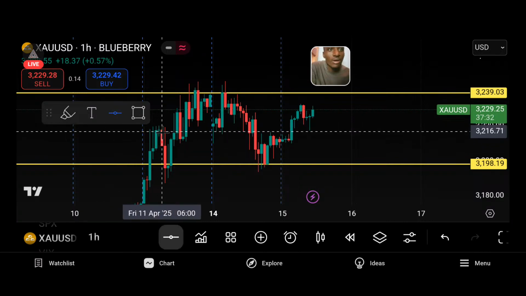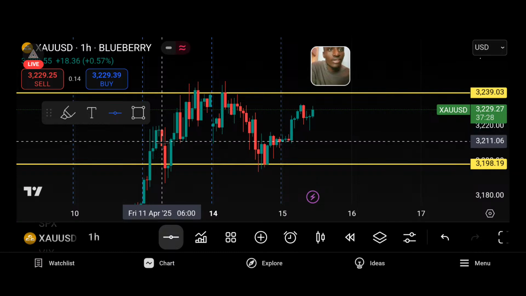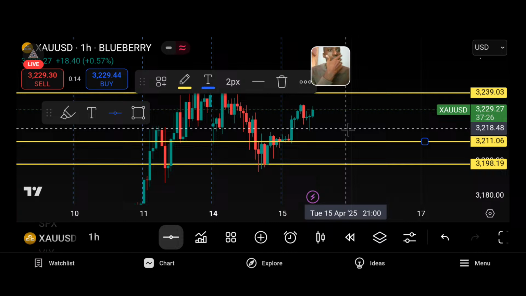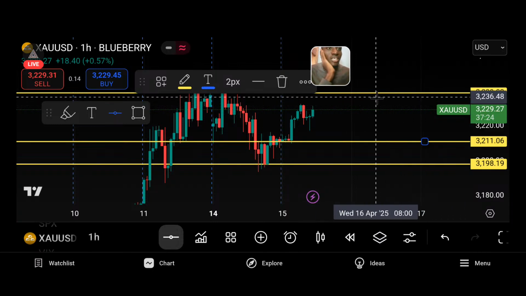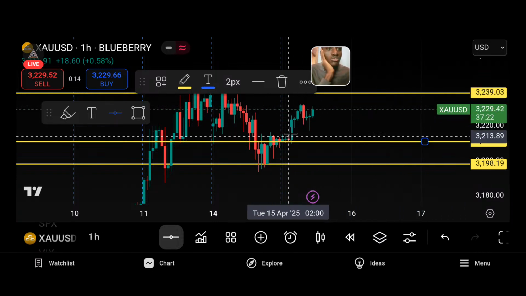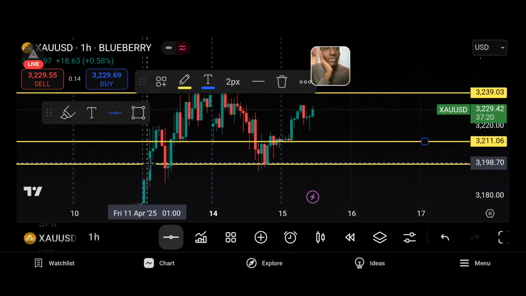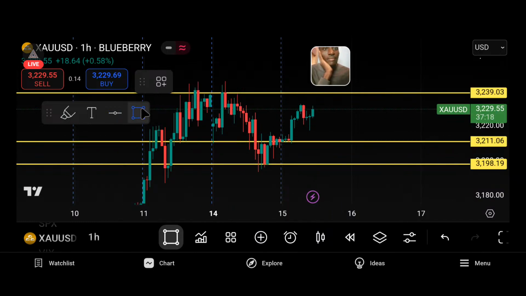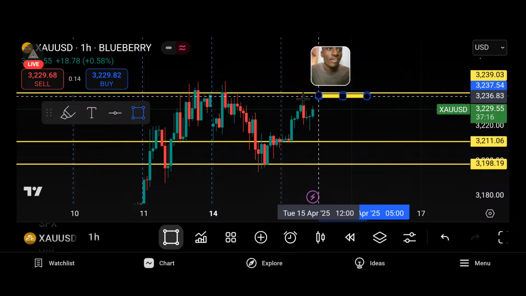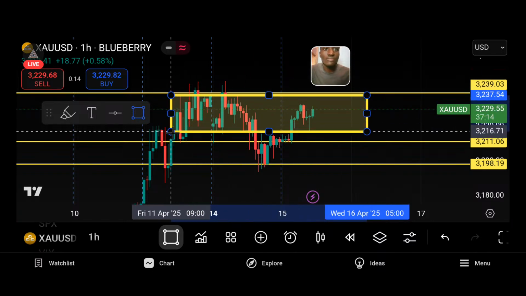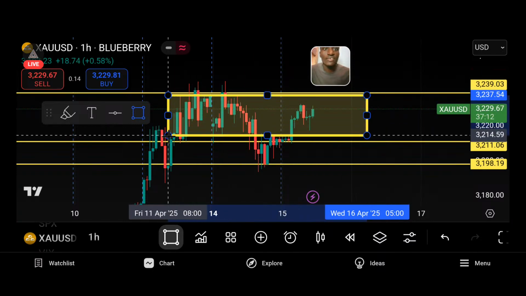The range that we marked yesterday was actually here, right? So basically that is the range that we're in, and I would advise you to be trading in this whole range right here. Let me just go right there and mark it out. This is a very nice range.